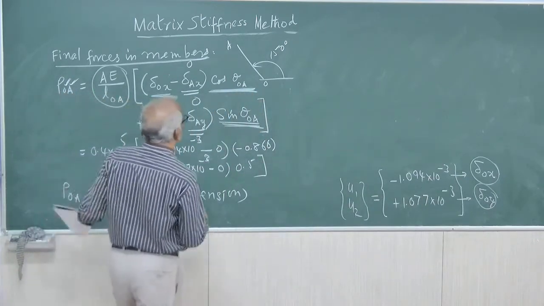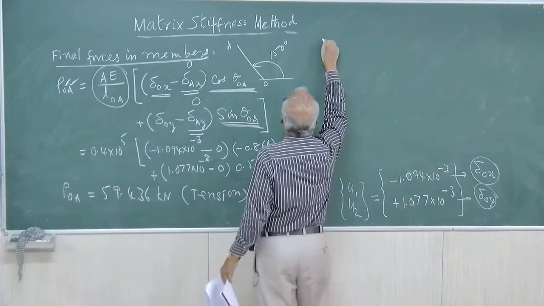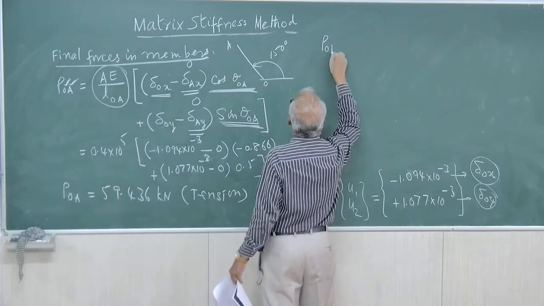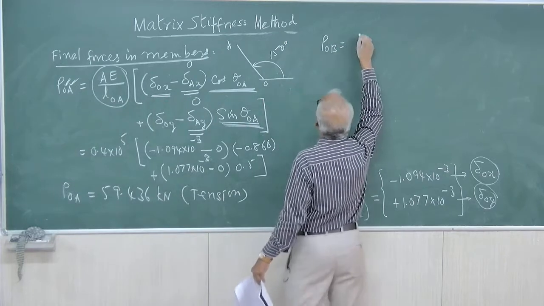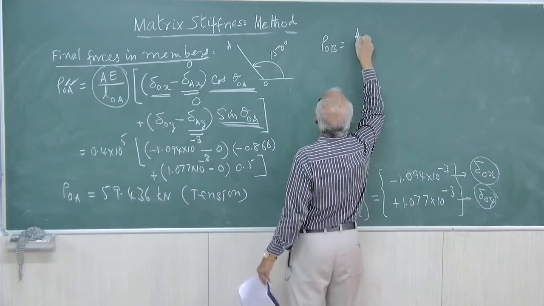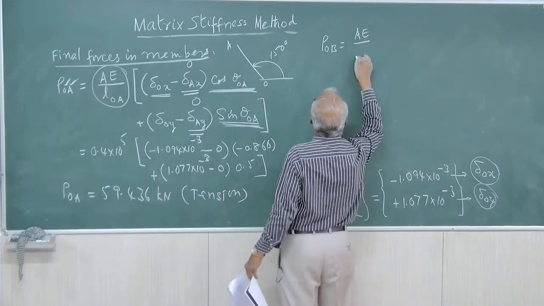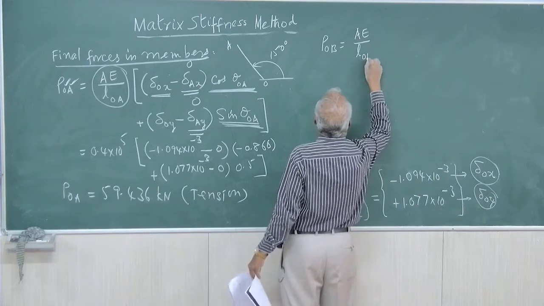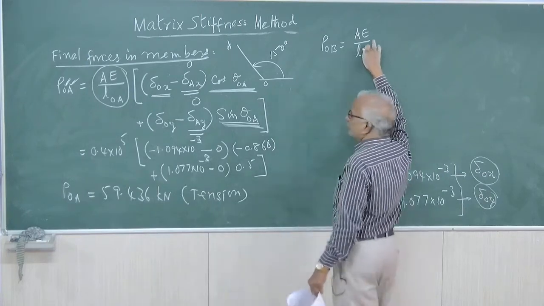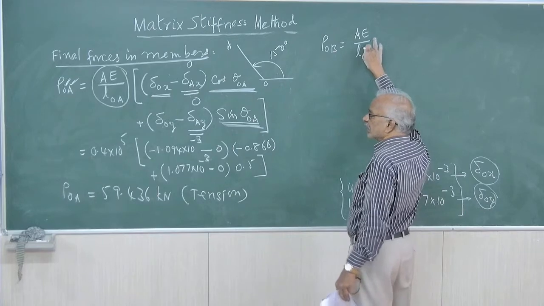Now, the next member, force in the member POB equals the same formula, AE by L OB. This is also in the tabulation, the fourth column I think. It is readily available.